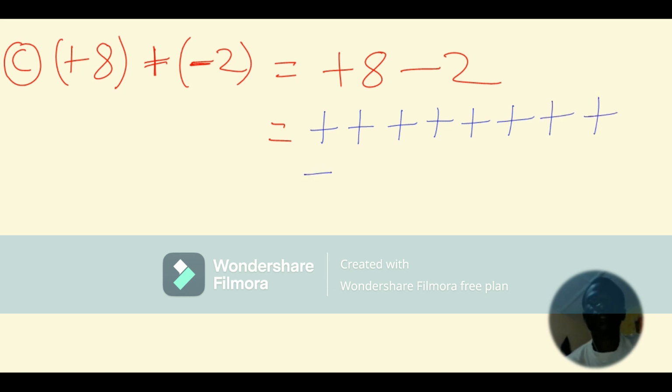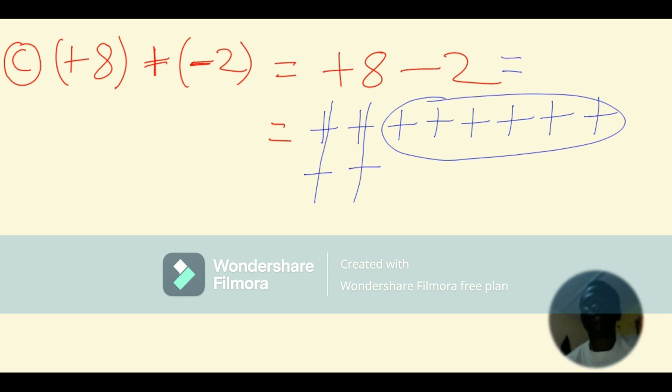Negative in two places, 1, 2. Now we start neutralizing. Let's neutralize the first one. One positive can neutralize the negative. Now see what is left. That's the net, that's the result. How many positive? 1, 2, 3, 4, 5, 6. We have positive 6.